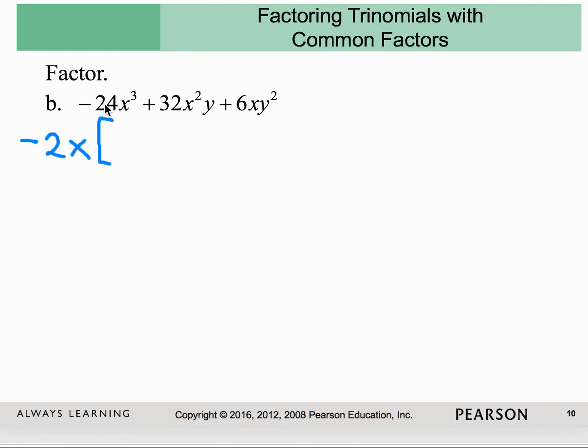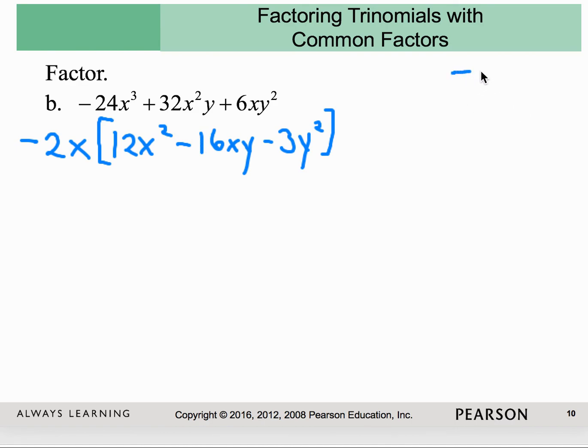Okay, so that's going to be now a positive 12x squared, a minus 16xy, and a minus 3y squared. Notice they're both squared, and I have an x and a y in the middle. So that's fine. It's going to work out.